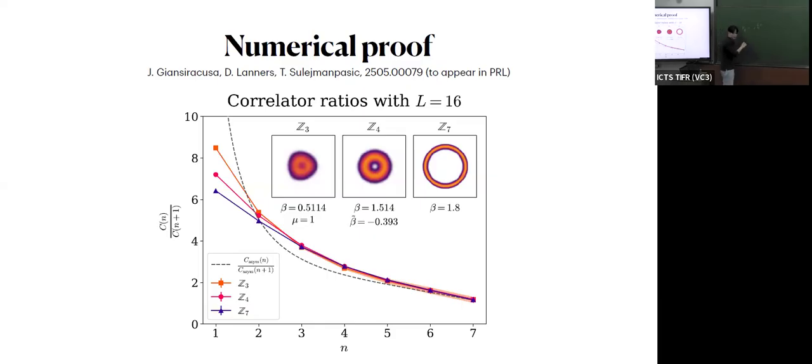This is on a unit circle, but then what you're doing is you're summing over all spatial sites over some volume of the lattice.